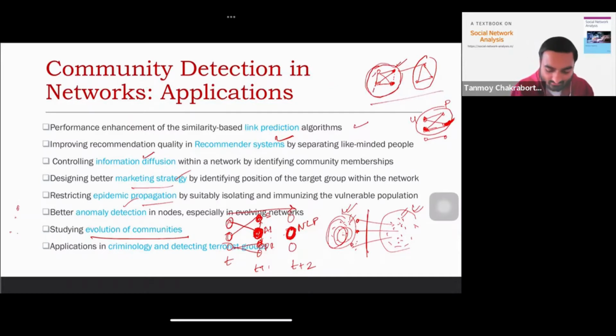Since this is a community structure, and within a community nodes share similar interests, they are homogeneous, homophily. It is highly likely that the other two nodes, which are not yet marked as criminals, are also criminals. So you can do all sorts of experiments to understand group formation in general.